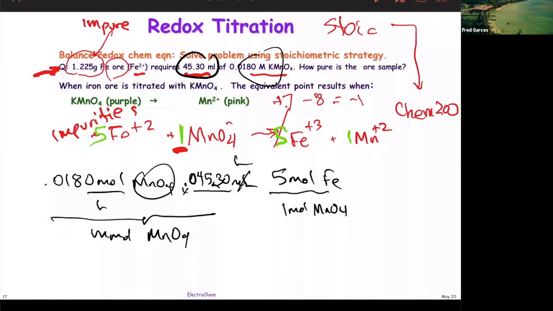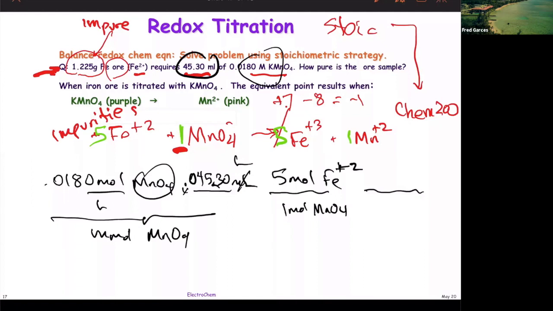Now remember that iron plus 2, an oxidized state of iron, is going to have the same atomic weight as the neutral state of iron. So I do know that 5 moles, the atomic weight of iron, let me look it up real quickly in a periodic table.